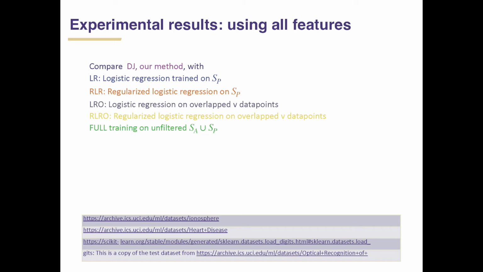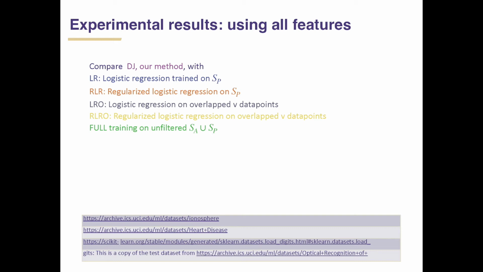We also had some points that we included in both data sets, right? I said we split them in a disjoint way, but we actually kept some common data points in both. Then you can think about how well the same logistic regression and regularized logistic regression work if they only look at overlapped data points.